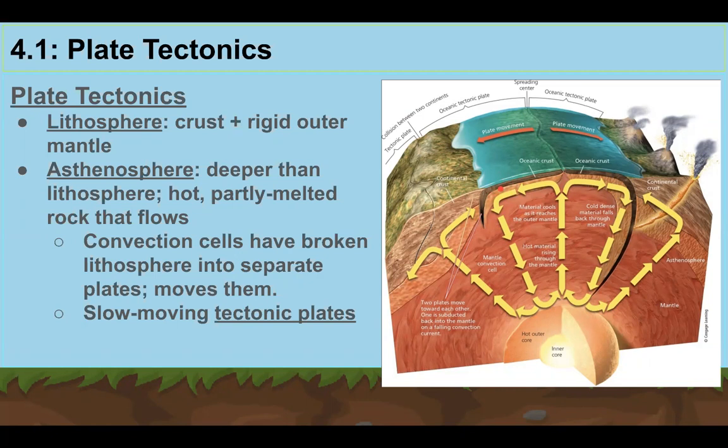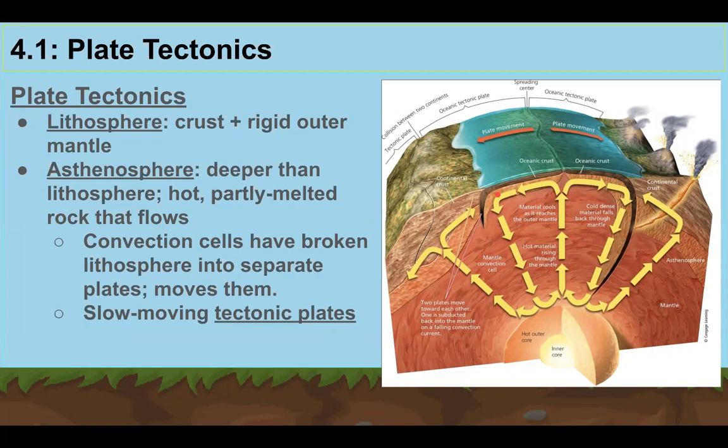So the lithosphere is composed of all of the crust plus a little bit of the outer mantle, which is rigid or solid. Okay, so these are going to form the plates. And then underneath that is the asthenosphere. So it is deep, it's part of the mantle.